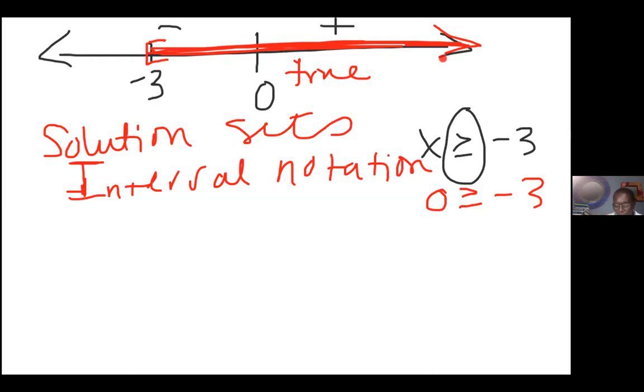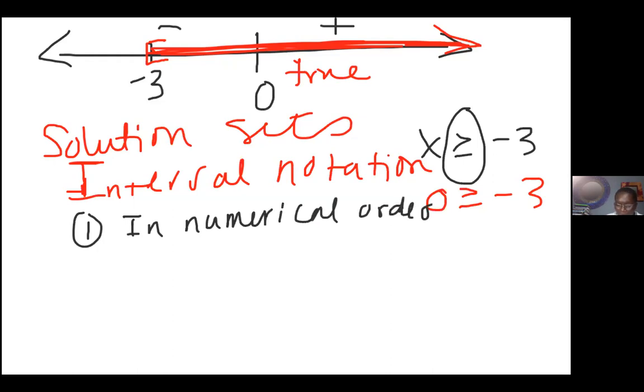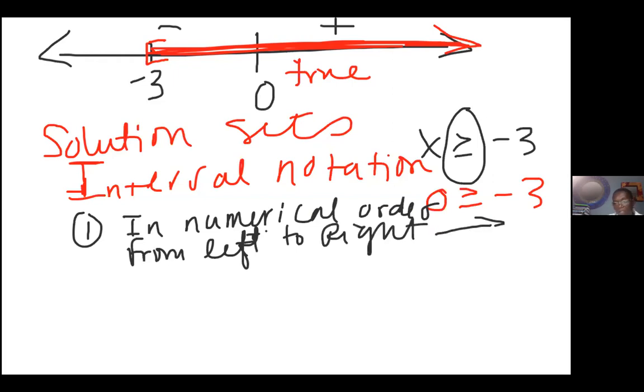So there are 2 rules that govern interval notation. Rule number 1, you want to write it in numerical order. And when I say numerical order, you go from left to right, just like you're reading a book. Increasing order.